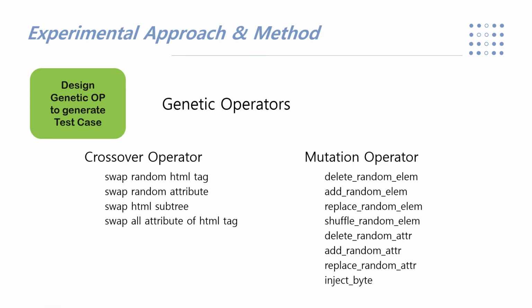For the crossover operator, we randomly swapped HTML tags and attributes, HTML subtrees, and all attributes of HTML tags. And for the mutation operator, we deleted, added, replaced, or shuffled random HTML elements, or we deleted, added, or replaced random attributes, or we injected a random byte into a random position, stringifying them.